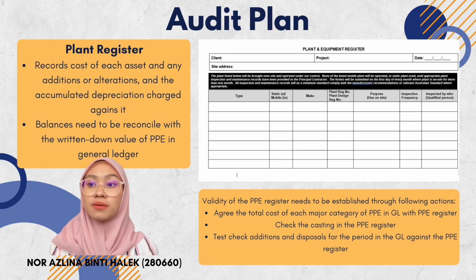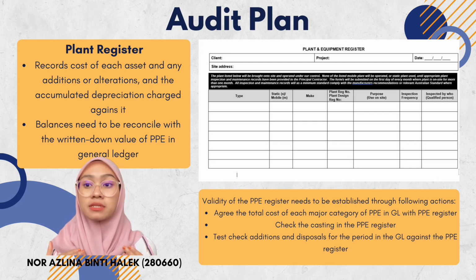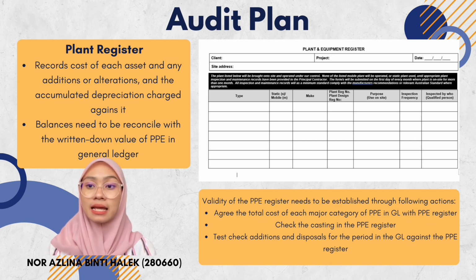Frequently, organizations maintain a plan register as a supplementary ledger containing information about specific pieces of plant and equipment. The register documents the cost of each item, any addition or adjustment, and the depreciation occurred on it. The register balance corresponds to the depreciated value of the plant and equipment account in the general ledger.